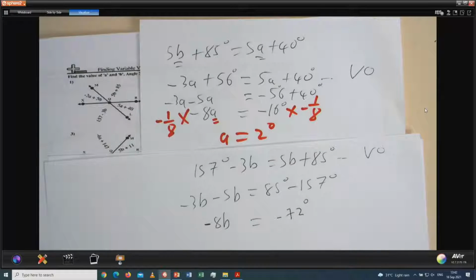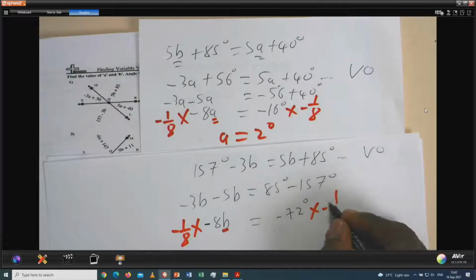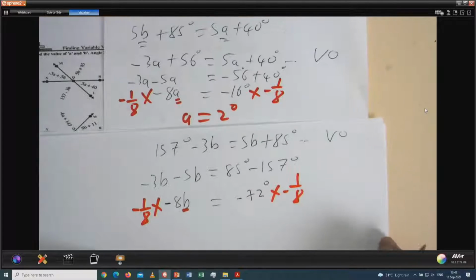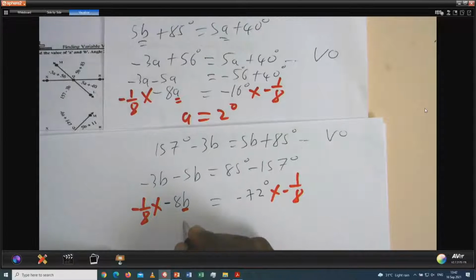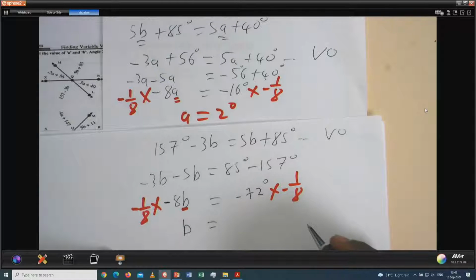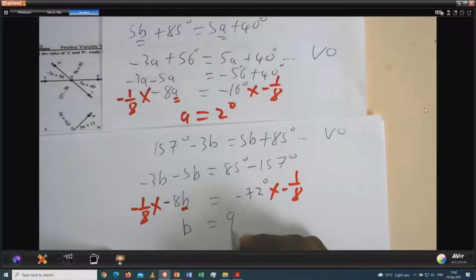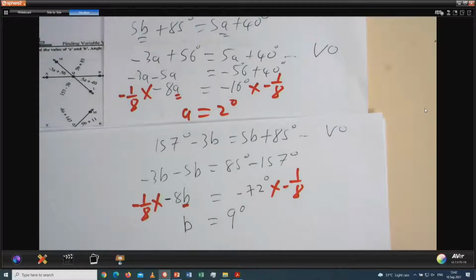Once more, we are interested in B. Therefore, we multiply it with the inverse. That will give you positive 1. What happens now? B equals 9 degrees. There you are.